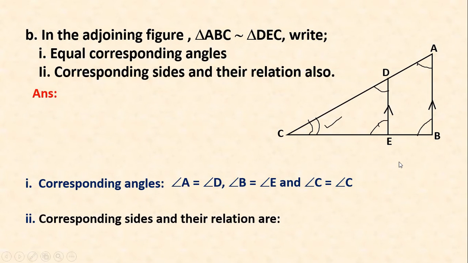Corresponding sides. I already told you their relation in part A also. What is the relation of corresponding sides? Proportional. Yes. Now, which sides will it be? Try to write here.